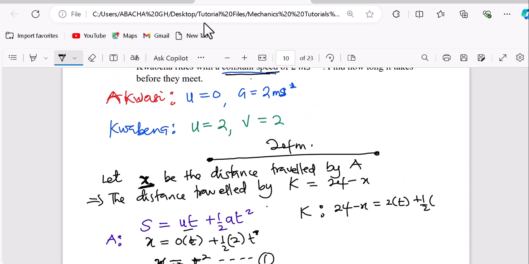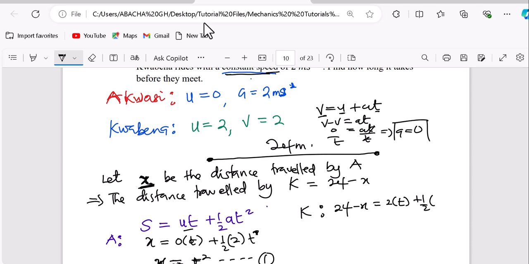Let's assume that we have v equals u plus at. Even if we don't know what t is, if u and v are the same, then v minus v, which is 0, equals at. Dividing both sides by t, we have a equal to 0.